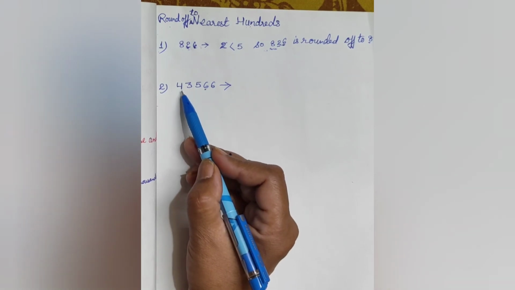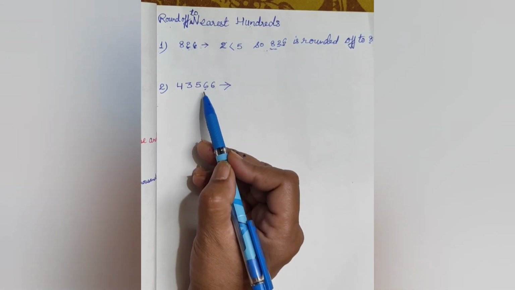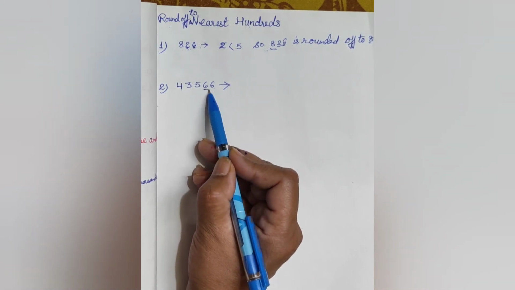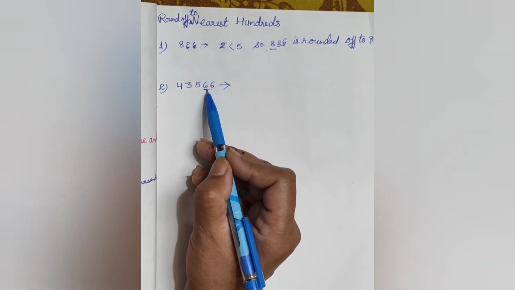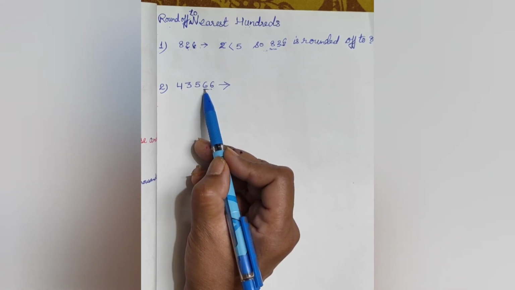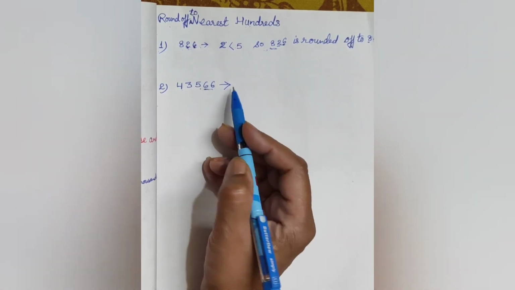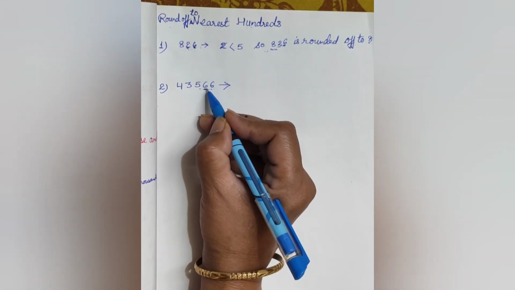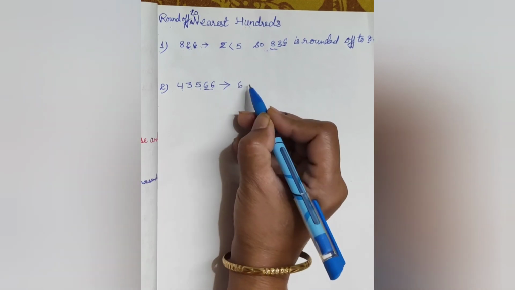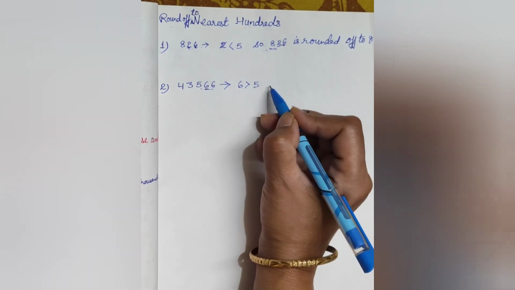Example 2: 43,566. If the digit at the tens place is equal to or more than 5, replace the tens and ones digits by 0 and increase the hundred digit by 1. So here tens place digit is 6, which is more than 5.